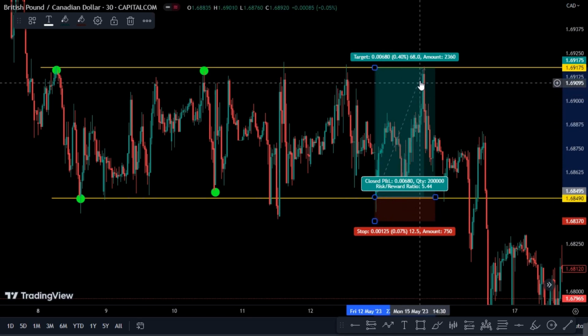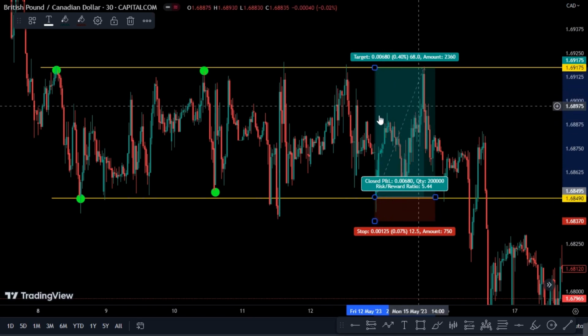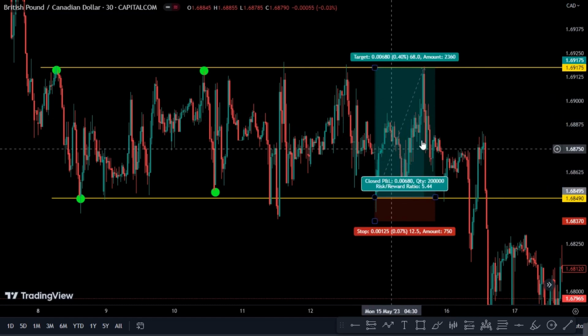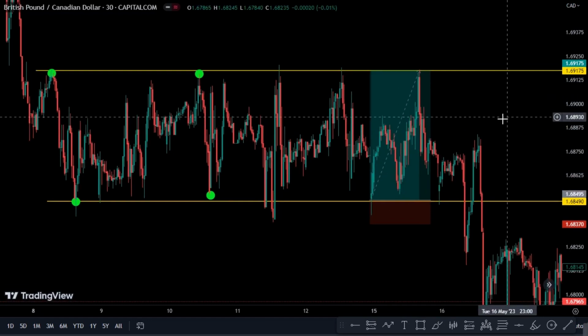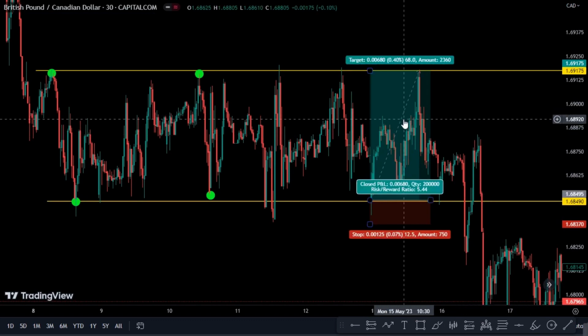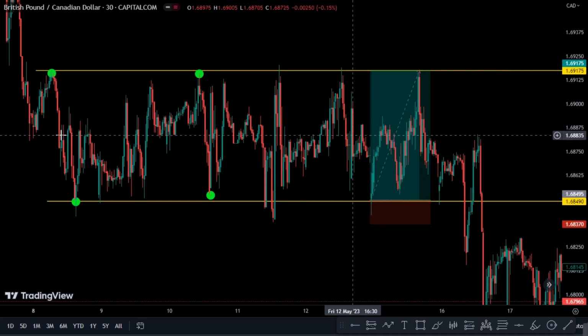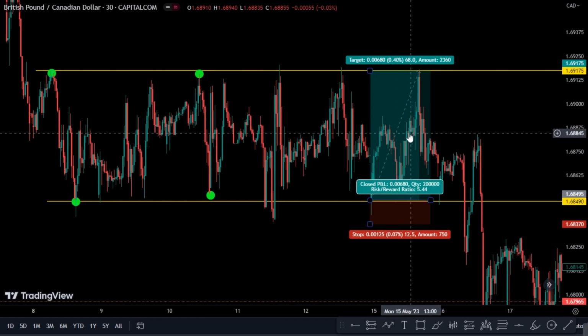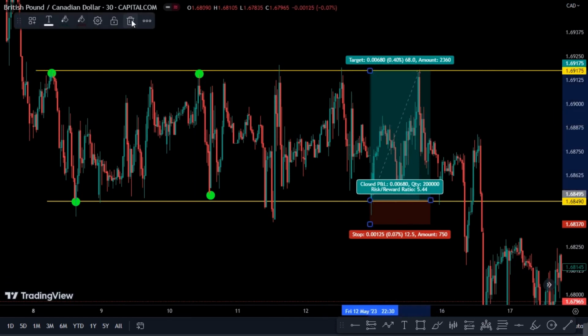Okay, as you can see, we have a 12.5 pip stop loss and a take profit of 68 pips, which was easily smashed, as you can see here, just like how it is displaying. And that's 150 pips that have been made before the market even moved into a proper trending market.